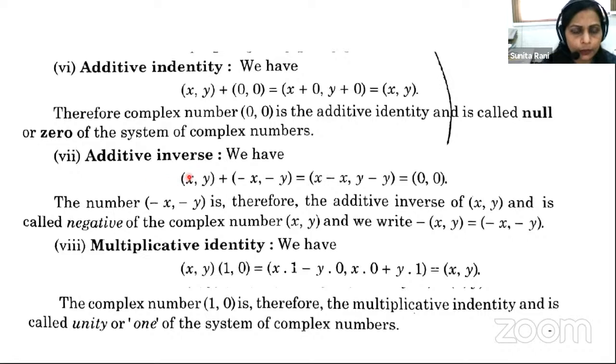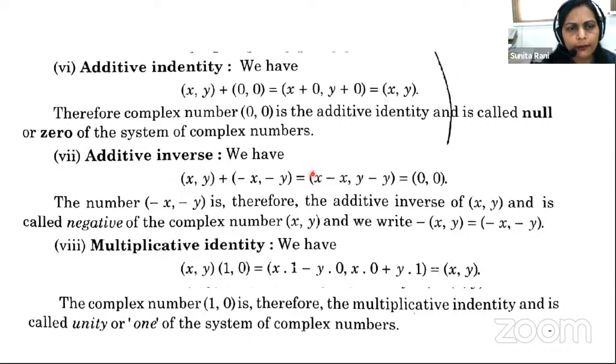Next is additive inverse. It means a complex number added with its negative gives the zero complex number. Zero or null complex number is here.